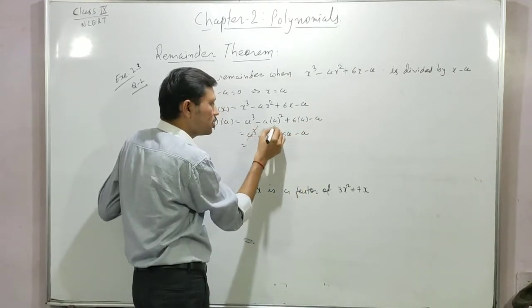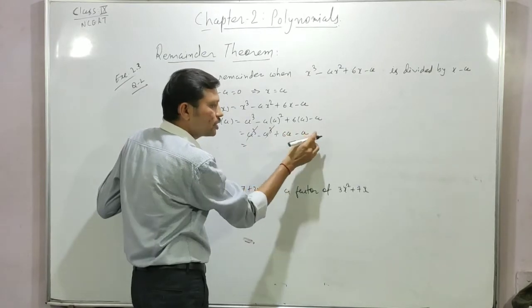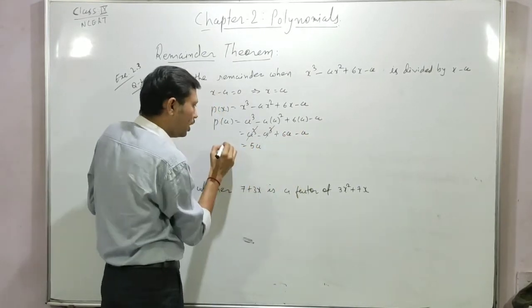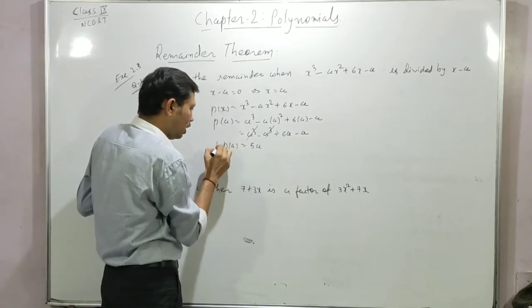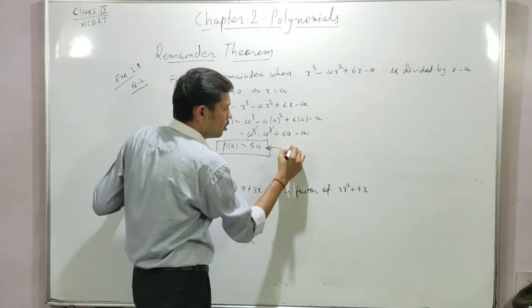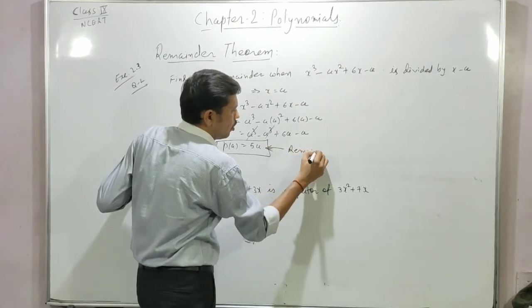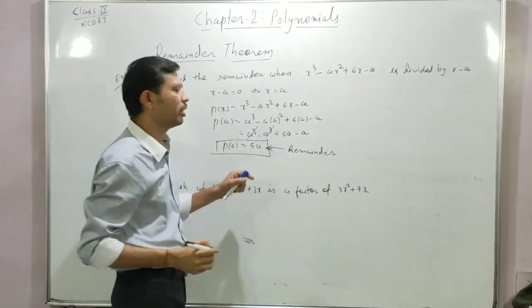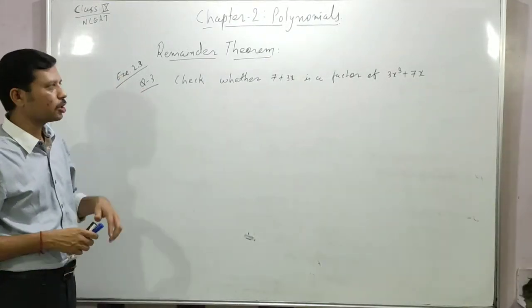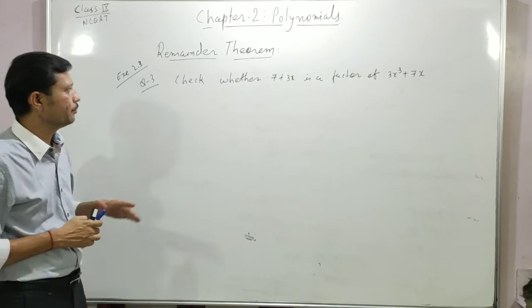Okay, अब plus a cube minus a cube will cancel out. Plus 6a minus 1a, it will be 5a. They are the like terms. Okay, so p of a हमारे पास आ गया 5a and this one is the remainder. So what is the remainder? 5a. Okay बच्चों, now इसी एक्सरसाइज का लास्ट क्वेश्चन, क्वेश्चन नंबर 3 हम डिस्कस करेंगे.